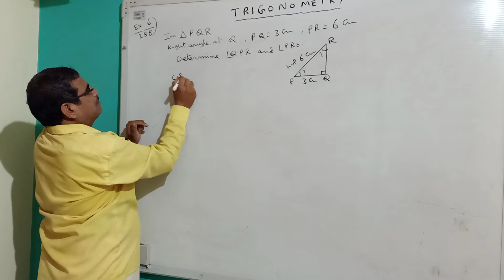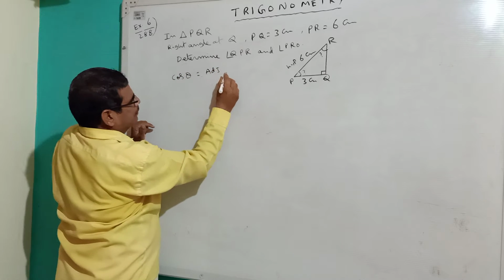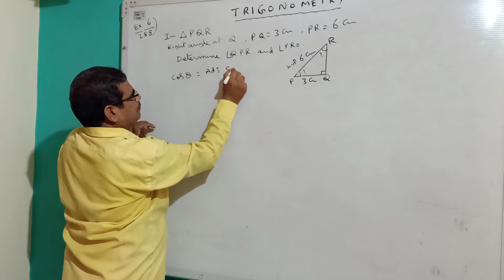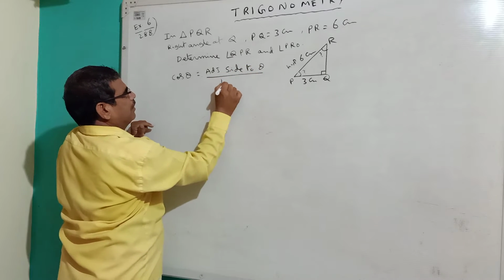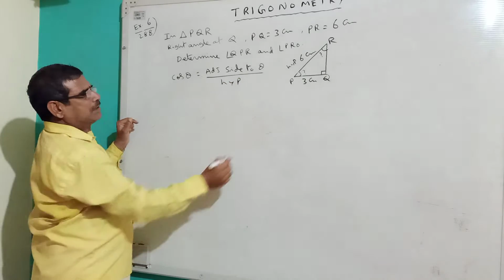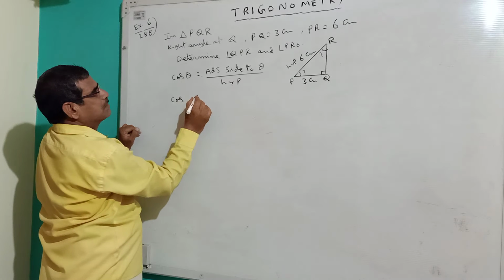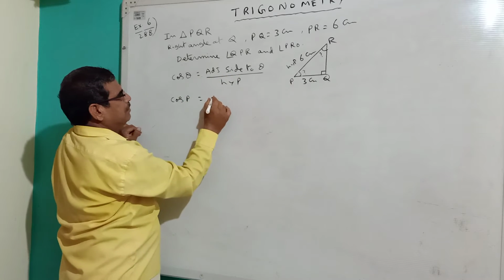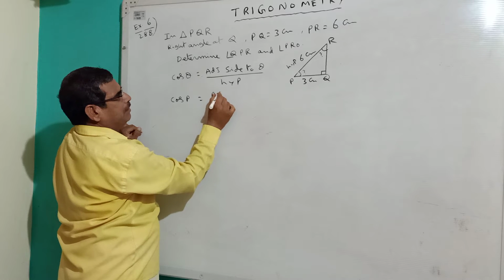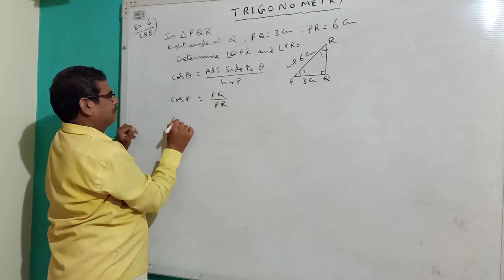So, cos theta is equal to adjacent side to theta by hypotenuse. Here cos theta means cos P. Cos P is equal to, here adjacent side means PQ by PR.